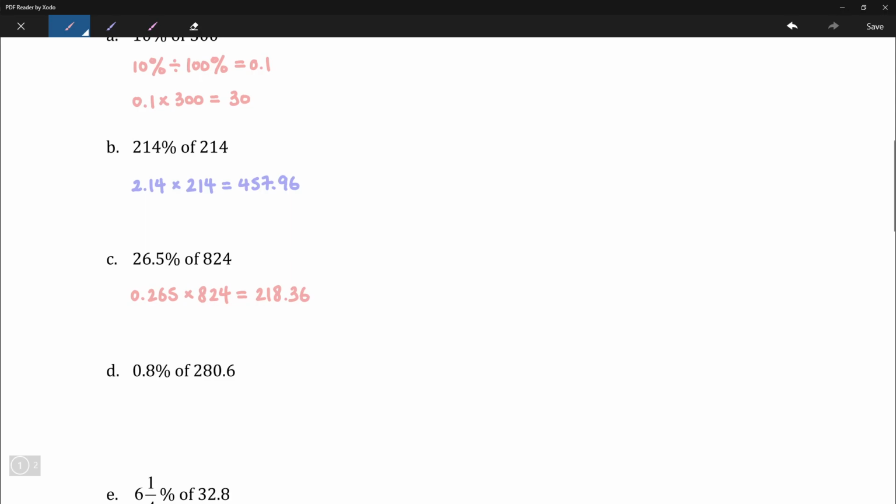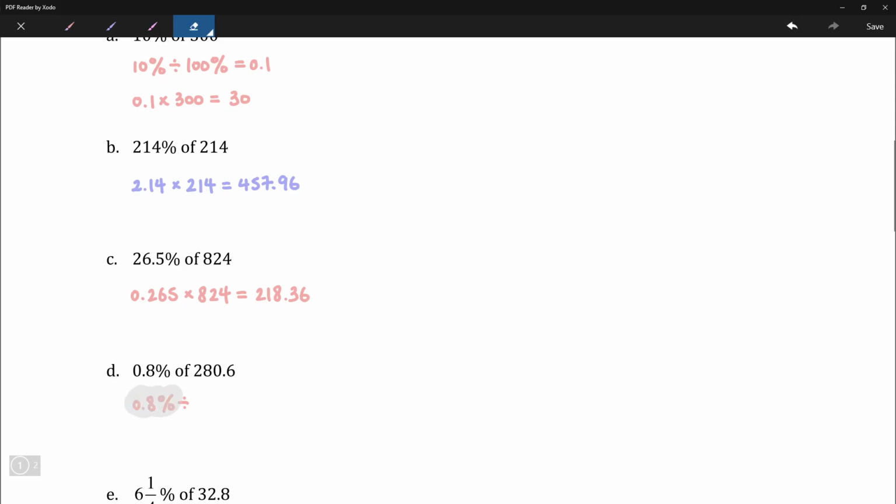This next one's a little bit different. We have a percent that's less than 1%, so we have 0.8%. Of course, we can just divide by 100, just like we did before.